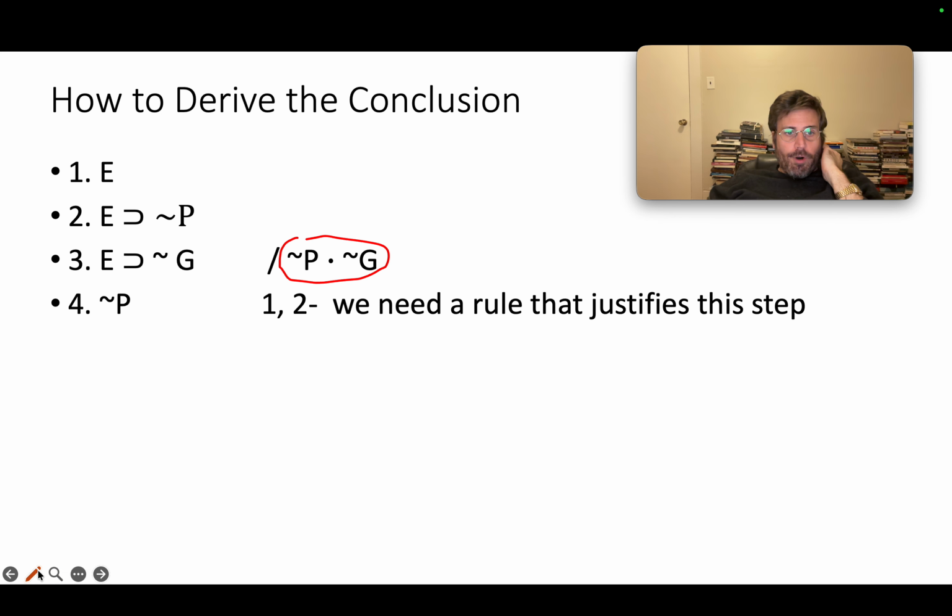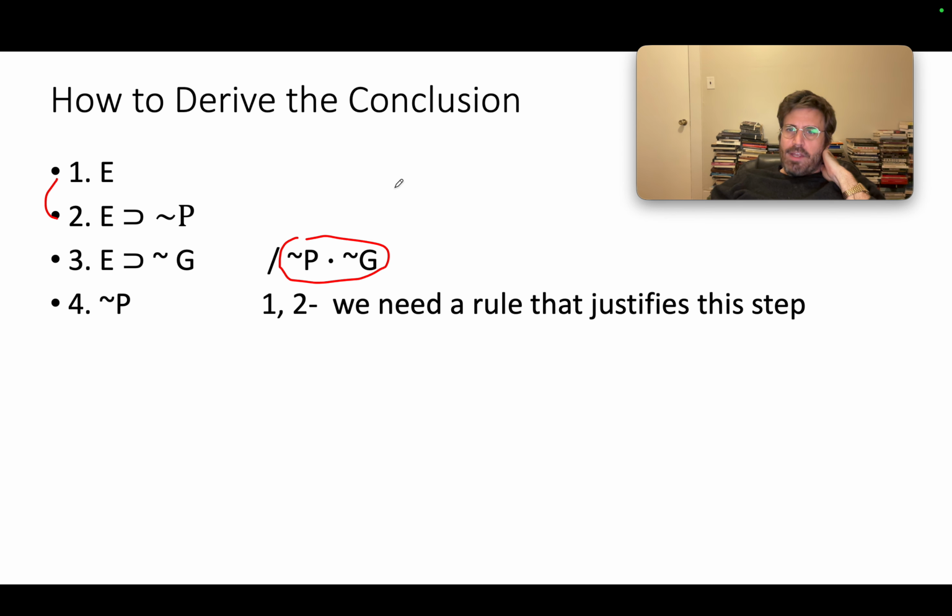So in line 4, what we're going to do is generate a new statement using one of the rules of implication. So if I've given you not P as the new line in line 4, and I'm telling you that we are going to use lines 1 and 2 to generate line 4, try to think about what rule it is that justifies that move. How do we get in line 4 not P by using lines 1 and 2?